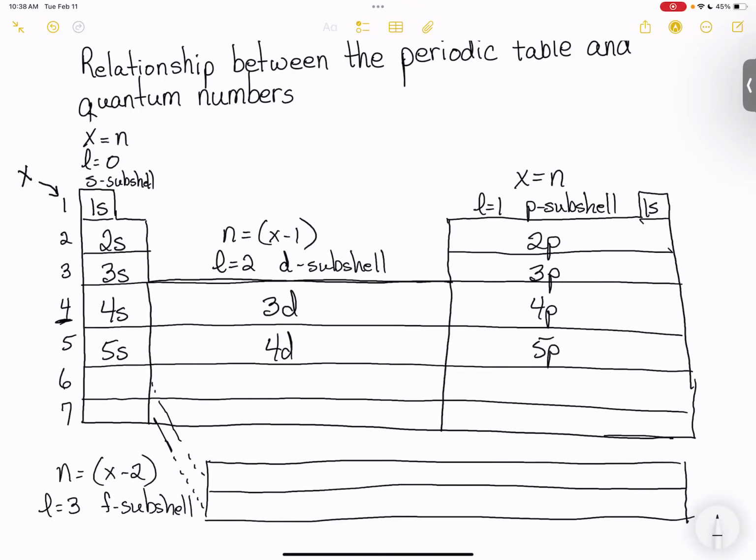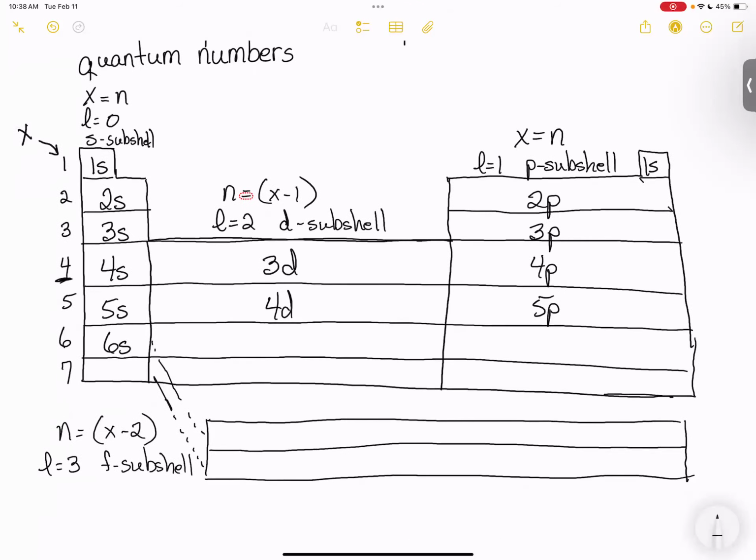5P, then we go to the 6S, and this is where the F subshell comes in. It's X minus 2. If you'll notice, this first line should be in period 6 if I were to expand the periodic table.